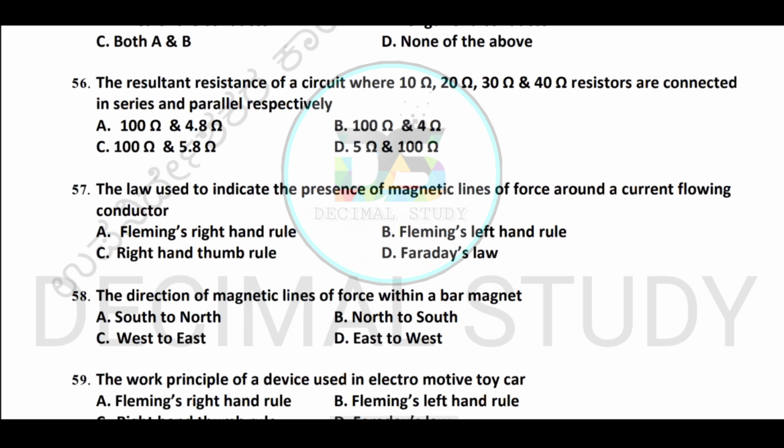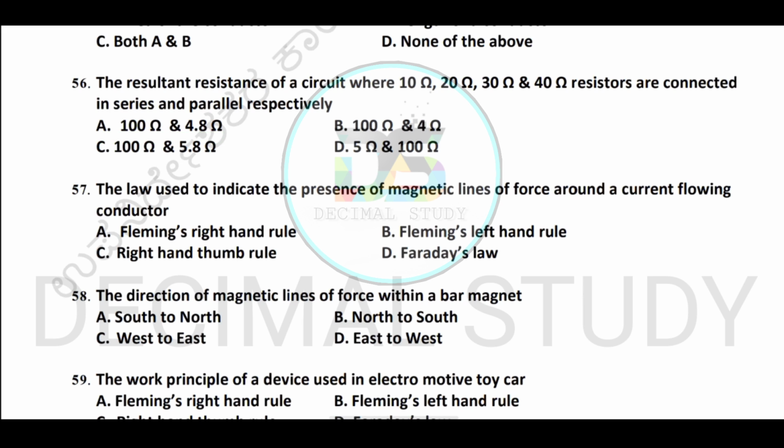Options are: option A 100 ohms and 4.8 ohms, option B 100 ohms and 4 ohms, option C 100 ohms and 5.8 ohms, option D 5 ohms and 100 ohms. The right answer is option A 100 ohms and 4.8 ohms.